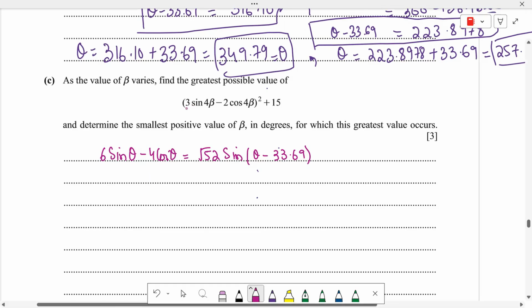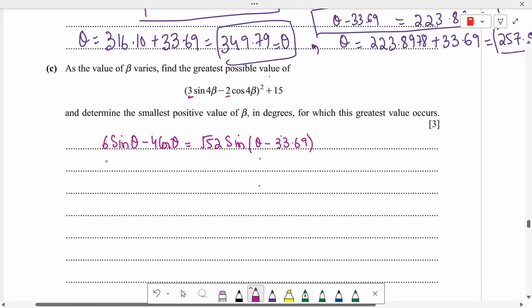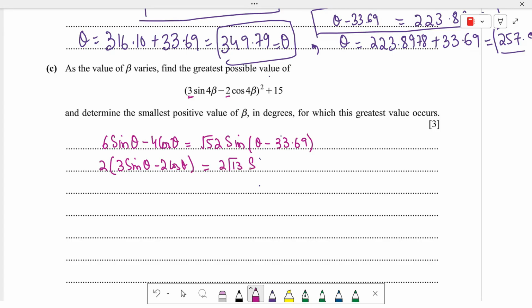And here it is 3 and 2, so we take common. So this will be 3 sine of theta minus 2 cos of theta, and under root 52 can be written as 2 under root 13, and this one is equal to sine of theta minus 33.69. So 2 will be cancelled out, and this expression 3 sine of theta minus 2 cos of theta is equal to under root 13 sine of theta minus 33.69.